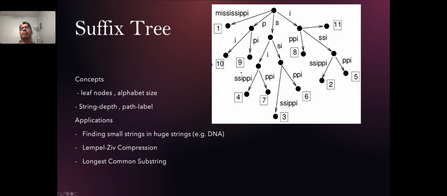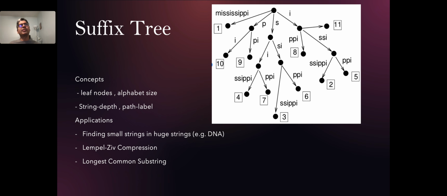So what are the applications of a suffix tree? There's many applications. One of these applications: imagine that you built this for a huge DNA sequence, and you want to find a small sequence.